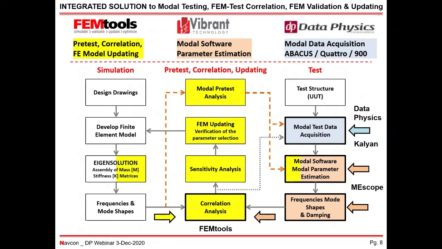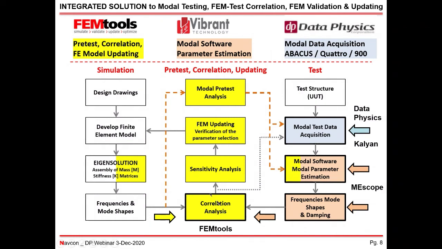I would just say here that MEscope is a true modal testing software package really intended for the test engineer. And FEMtools overlaps the finite element side and the test side because it does certain tasks on both sides, but it really is focused on the center section, which is correlating the FEM and test models and then updating the model if the FEM and test models do not meet your correlation criteria.